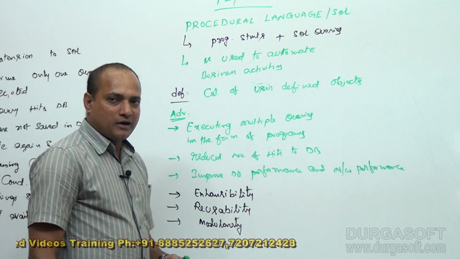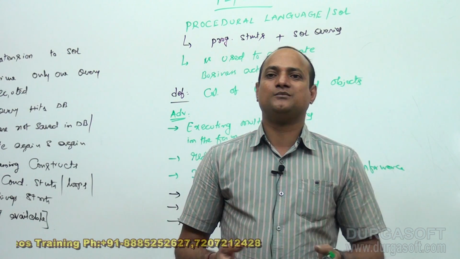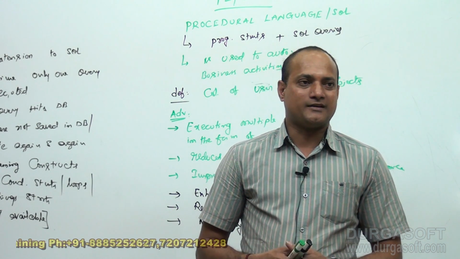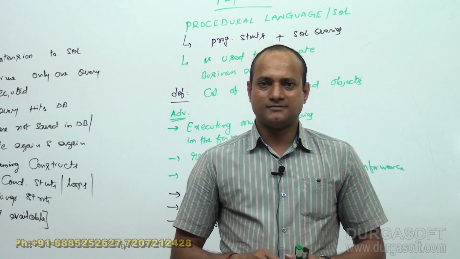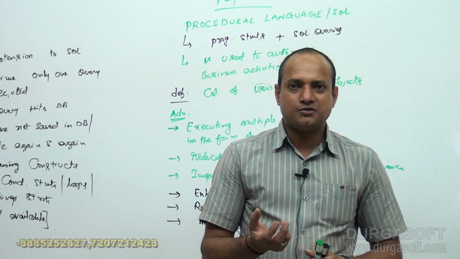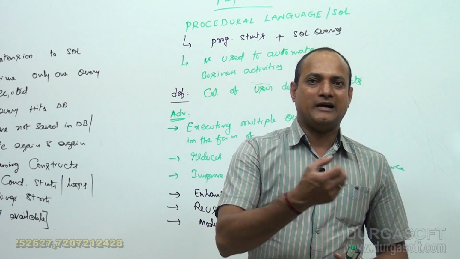That is called enhanceability, making changes to the old procedures. Reusability: you have created one procedure, and you can execute it any number of times. Let us say there is a banking business. If you want to check your balance, you touch the balance option, and immediately you get the balance.